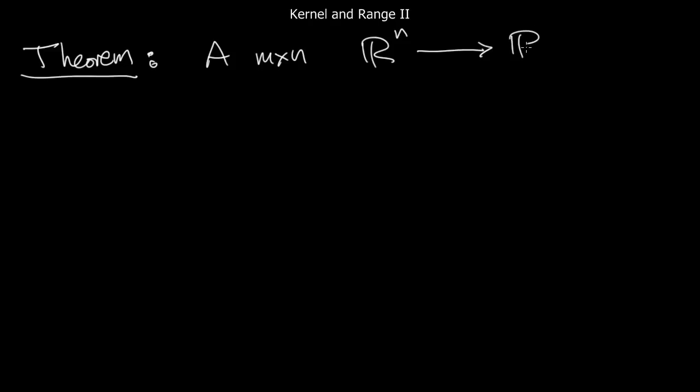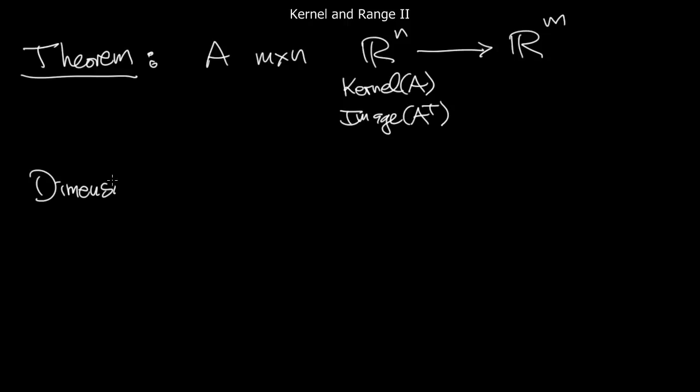All right, so let's state that as a theorem. Suppose you have an m by n matrix A, which is a map from Rn to Rm. You have its kernel, and you have the image of A transpose. These are both subspaces of Rn. The statement is that the dimensions add up to n.